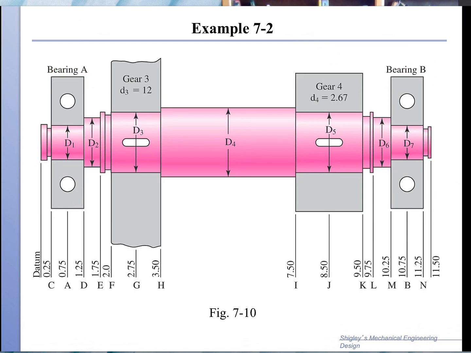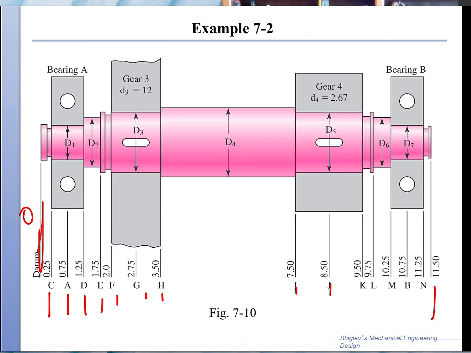So we have a datum, and the datum is at 0, and then we choose points at critical locations. At C, that's the interface for the ball bearing. It's at 1/4 inch. The center line is at 3/4 inch. The other interface is at 1 1/4, and so on. So you can see here a number of locations.